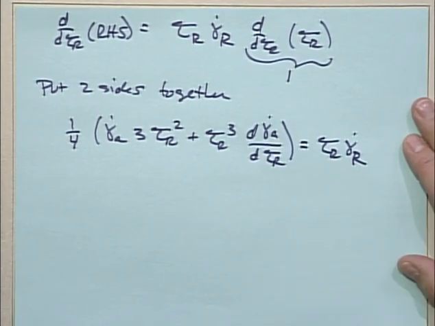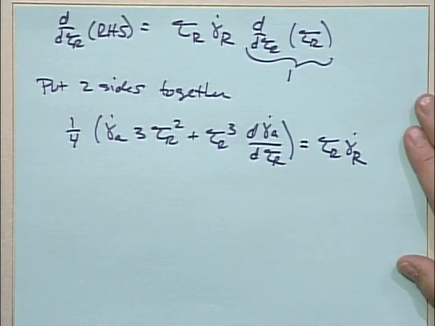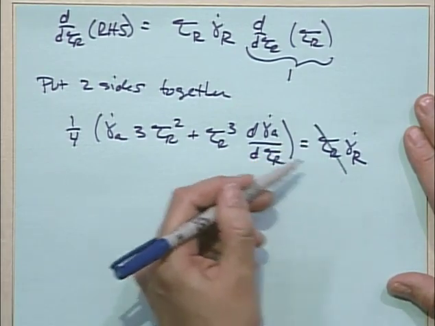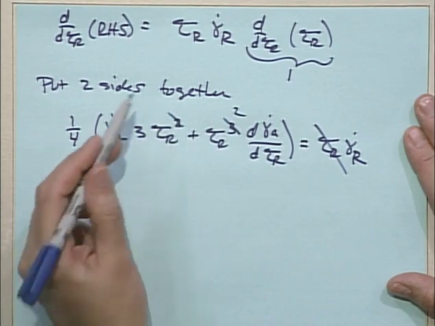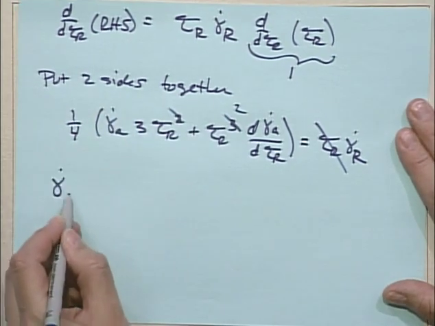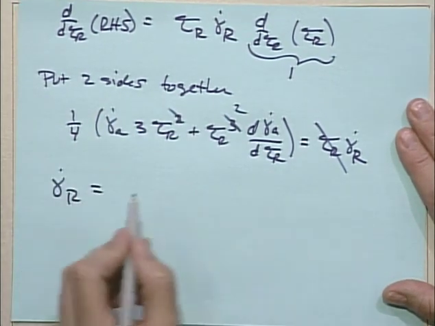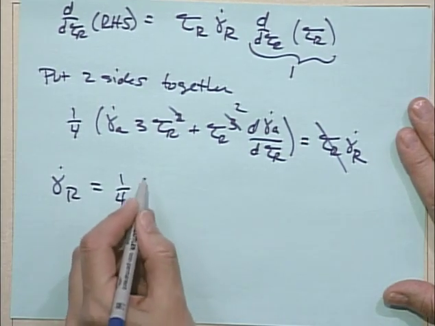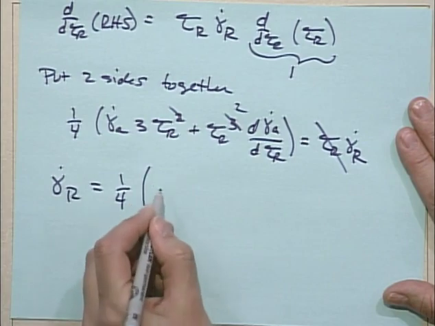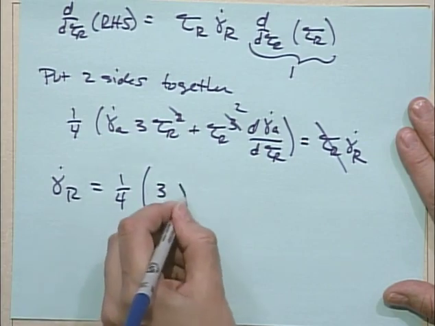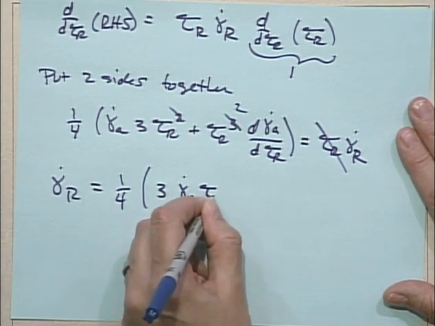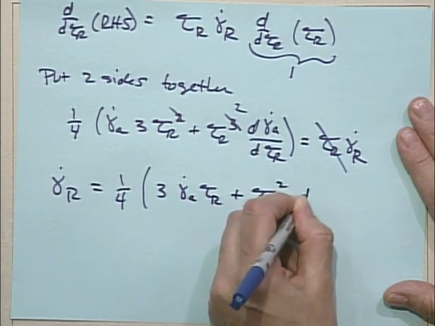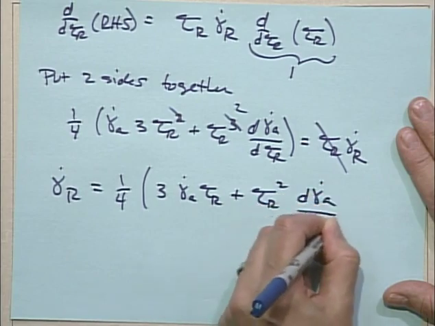If I now divide through by tau r, that becomes 2, that becomes 1, I get gamma dot r equals 1/4 times 3 gamma dot apparent tau r plus tau r squared d gamma dot apparent d tau r.